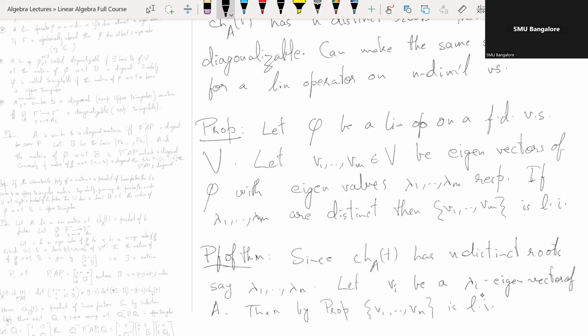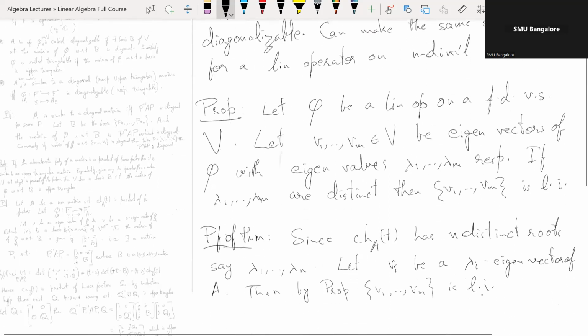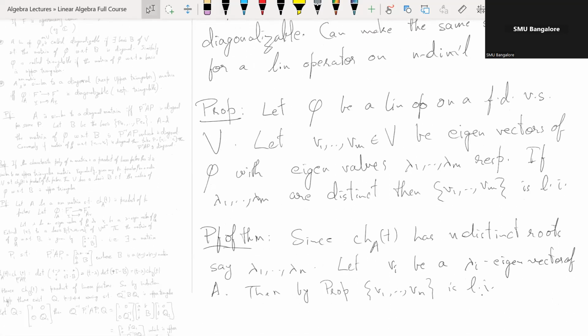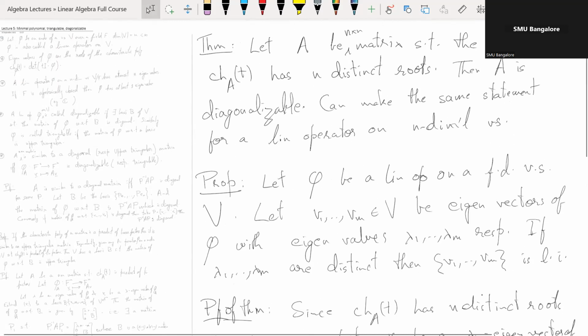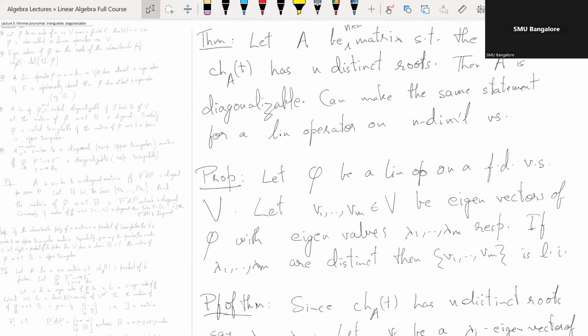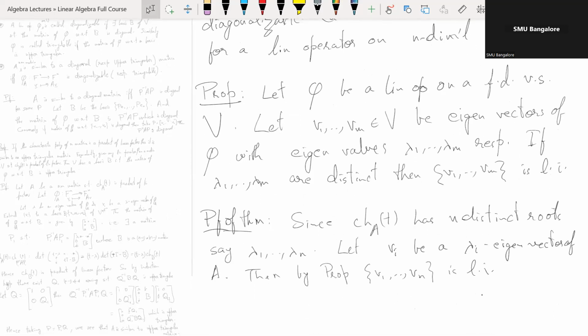But our A is an n cross n matrix, so our vector space is n-dimensional. So linearly independent, and hence a basis of Fn.